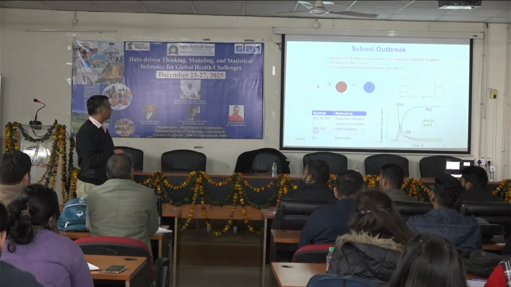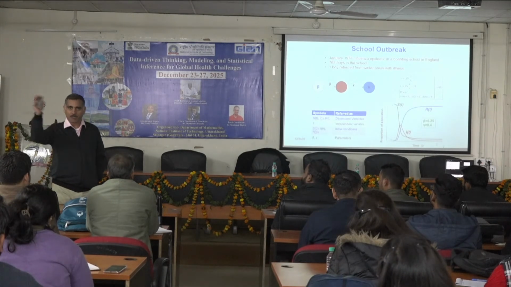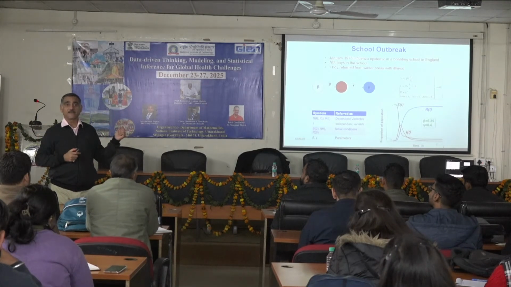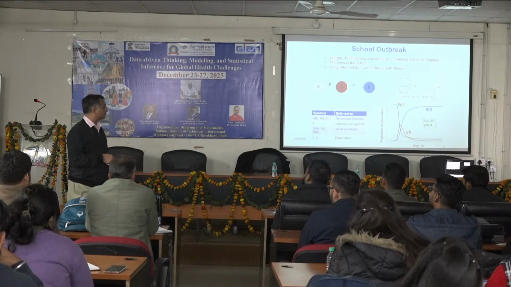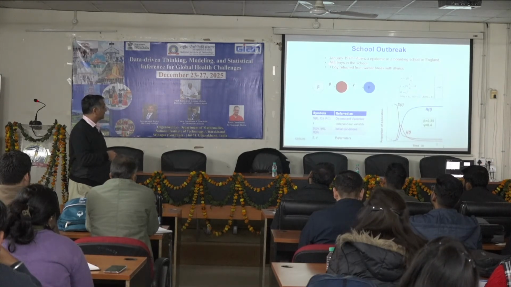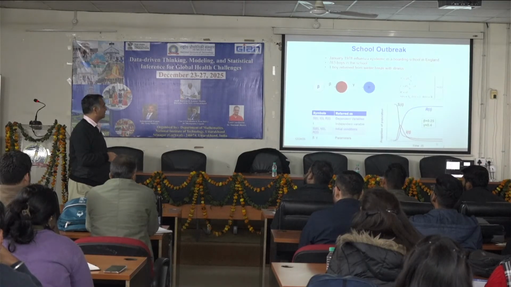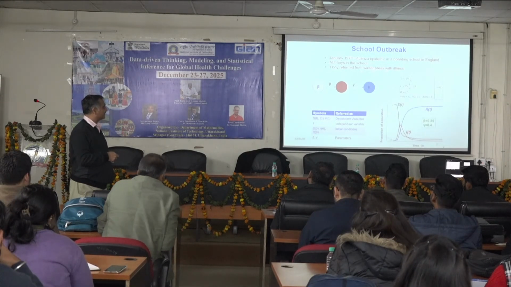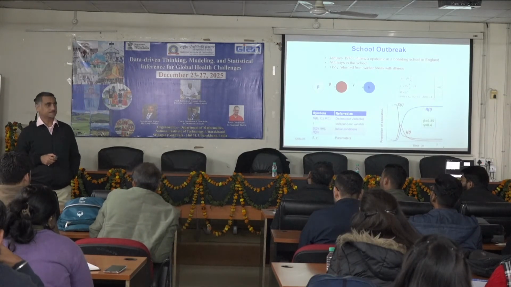So this is using boarding school data. What does a boarding school do? You cannot go out, right? It's restricted. That's why this data is very good to get an understanding about the model. So there were 763 boys in this boys' boarding school, and one of the boys came back from winter break with flu-like symptoms.